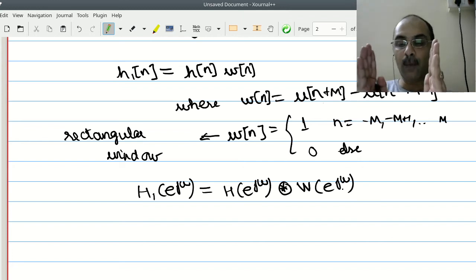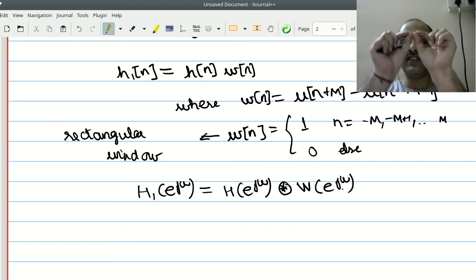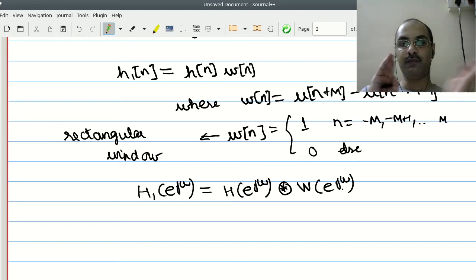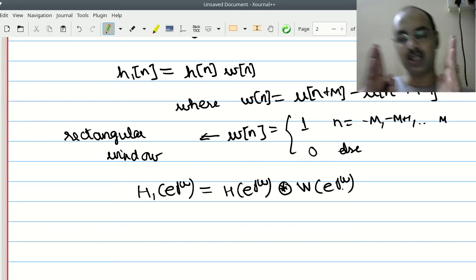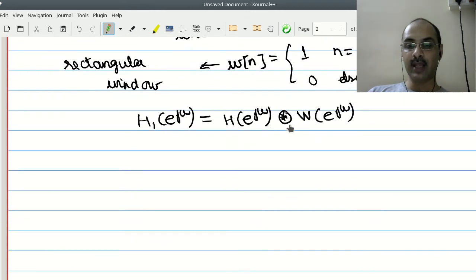Which means the ideal low pass filter H(e^{jω}), whose frequency response is a very nice rectangle which cuts off after ωc or −ωc, gets convolved with whatever the frequency response of this W(e^{jω}) is. That is what is happening. So, to understand how the properties of H(e^{jω}) are modified to get H1(e^{jω}), we just need to find out the DTFT W(e^{jω}).